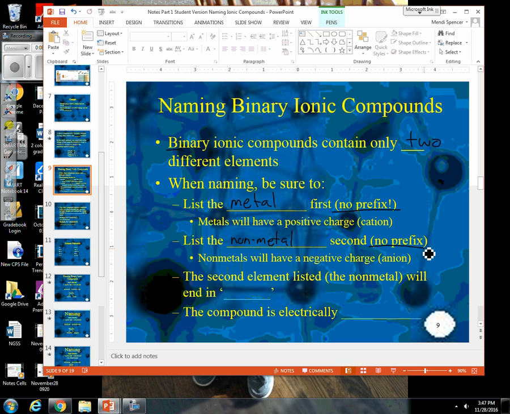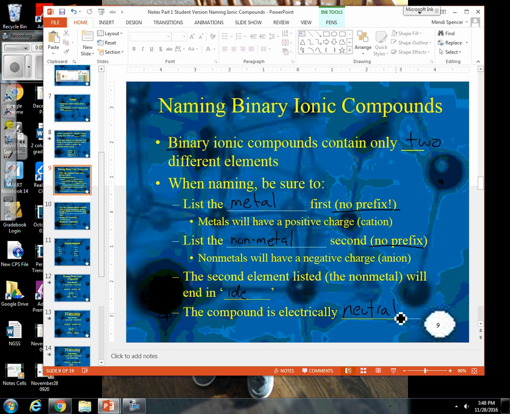Now, your second element listed, that's your non-metal. Its name will end in "ide." This is very similar to covalent bonding. Your endings were always in "ide." Now, the last thing, which will come more into play later on towards the end of this lecture, is that your compound will always be electrically neutral.